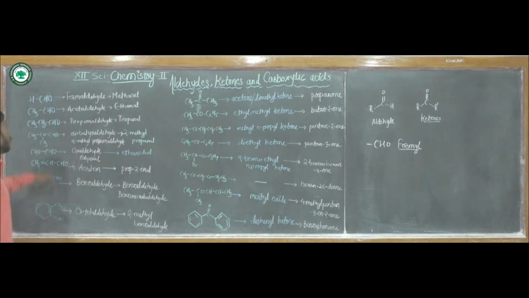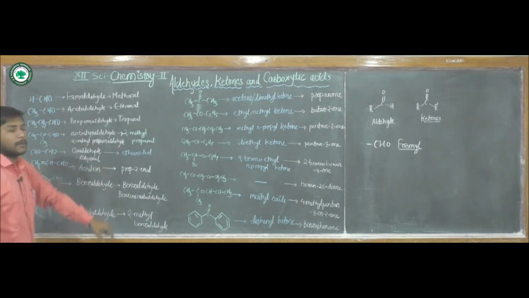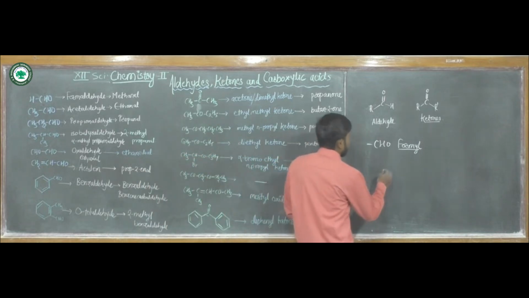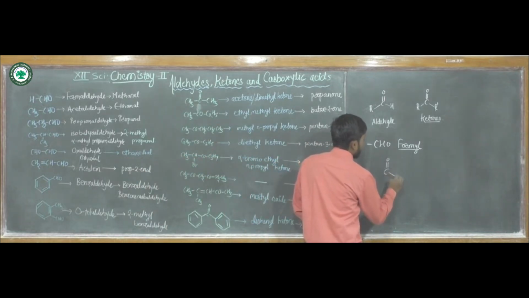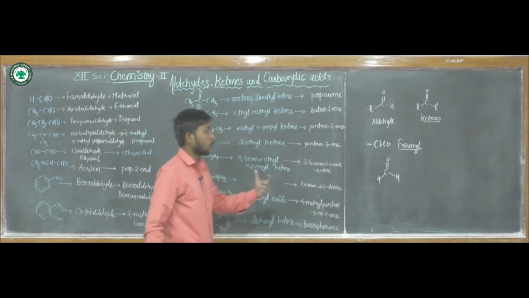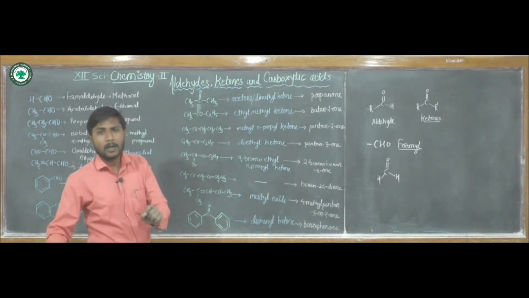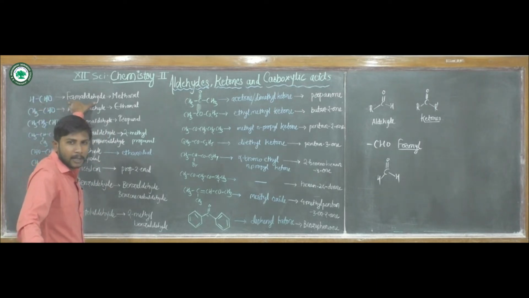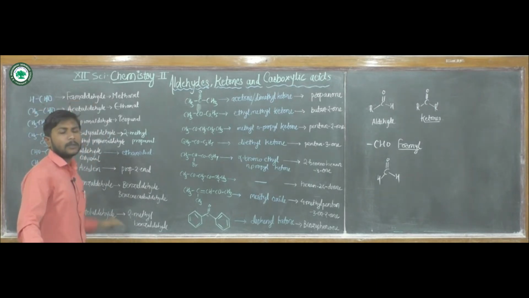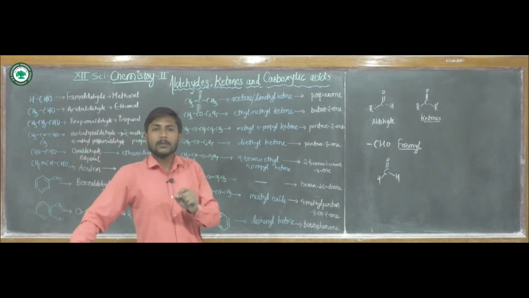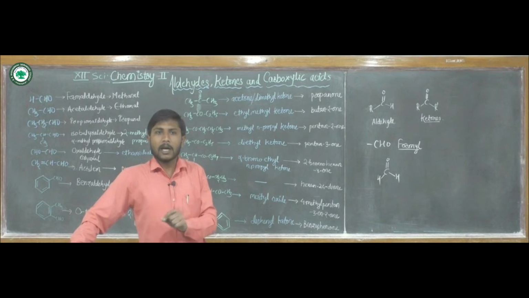The only exception is formaldehyde, in which the carbonyl carbon is not attached to an alkyl group. The structure of formaldehyde will be like this, with two hydrogen atoms attached directly to the carbonyl carbon, and in common name its name is formaldehyde.